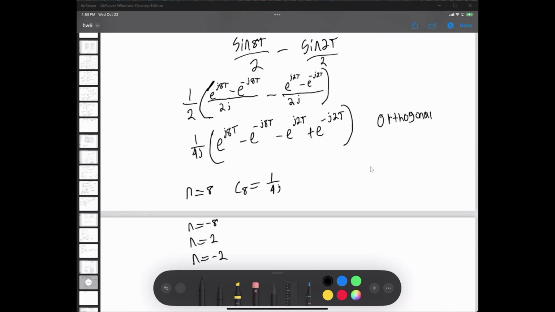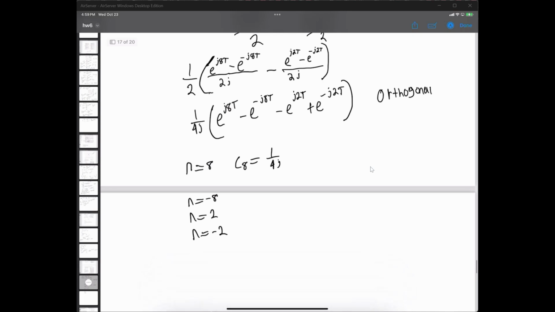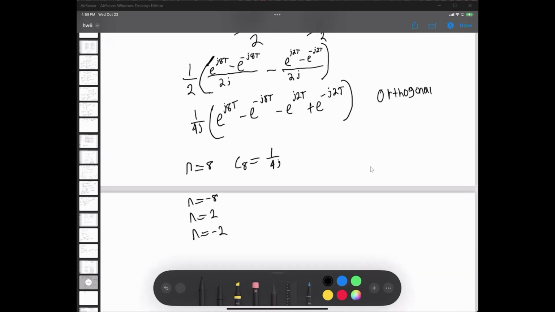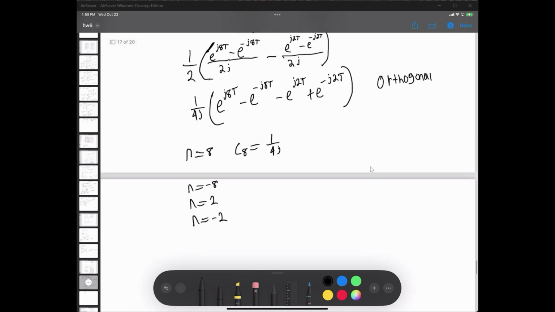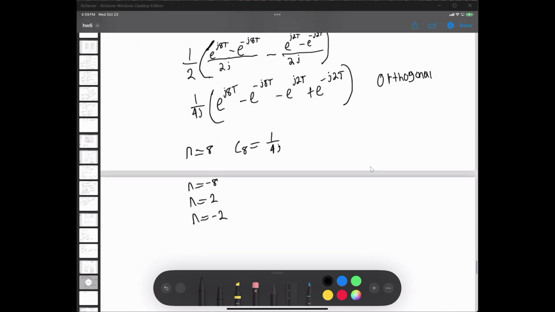If we look at the harmonics, we have e to the j n omega t, where n refers to the harmonic portion of the summation. Let's say our 8 is our n, and then we have c of negative 8. These are just the coefficients connected to each term.